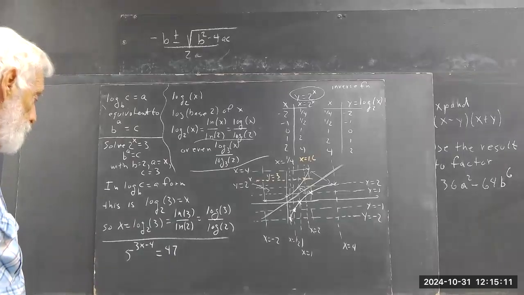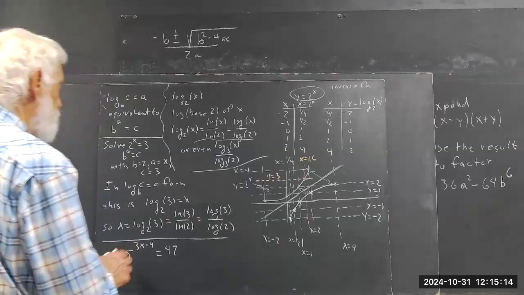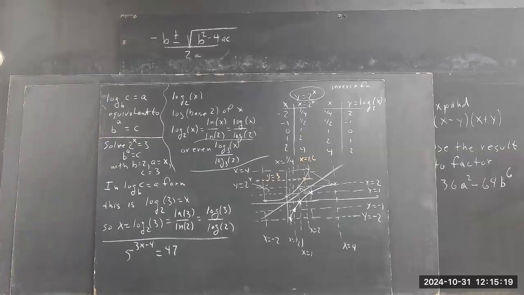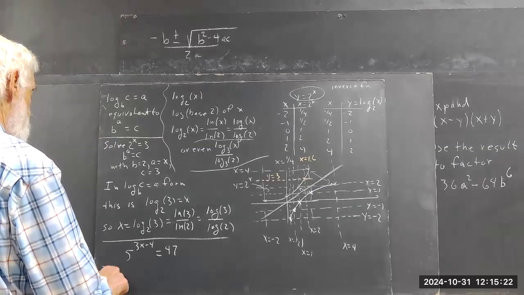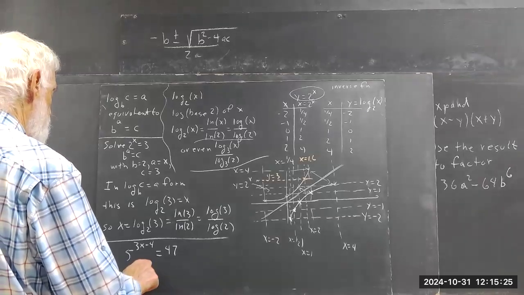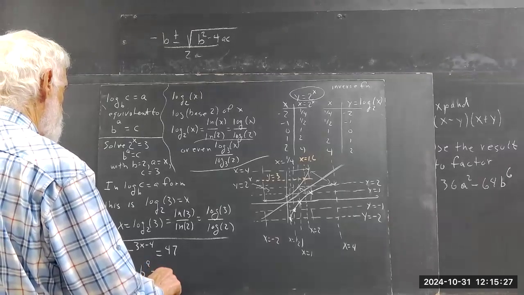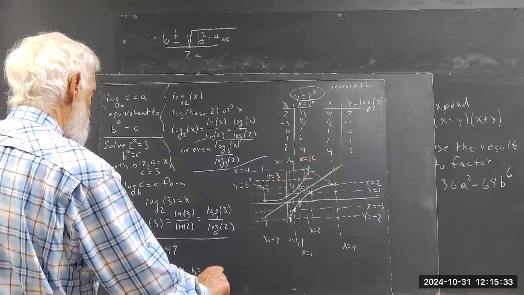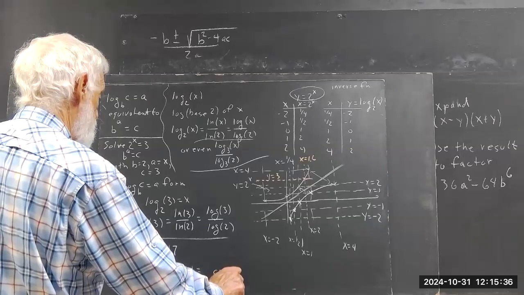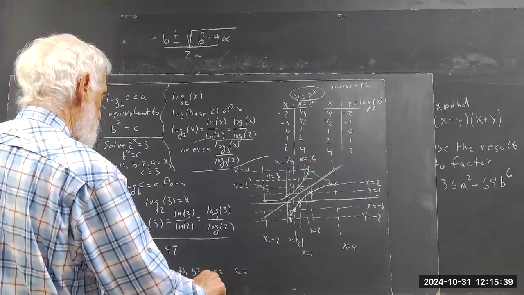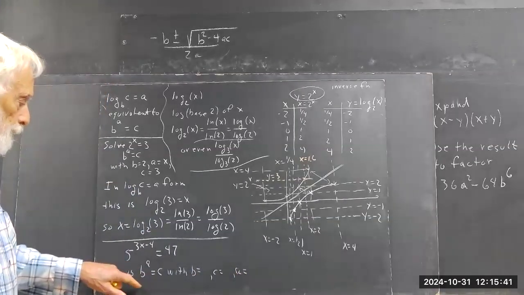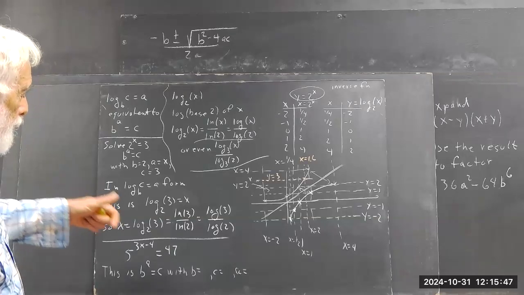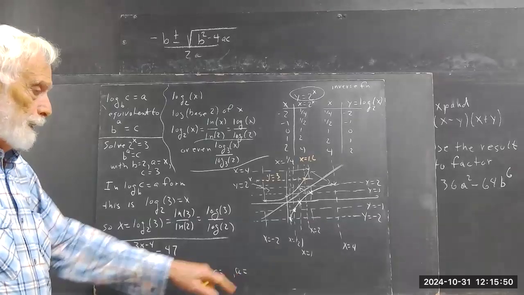Anyhow, whether you do or not, we can translate this. Can you translate this into this form? Fill in the blanks: b to the c equals a is equivalent to log base b of a equals c, with b equals what, c equals what, and a equals what?